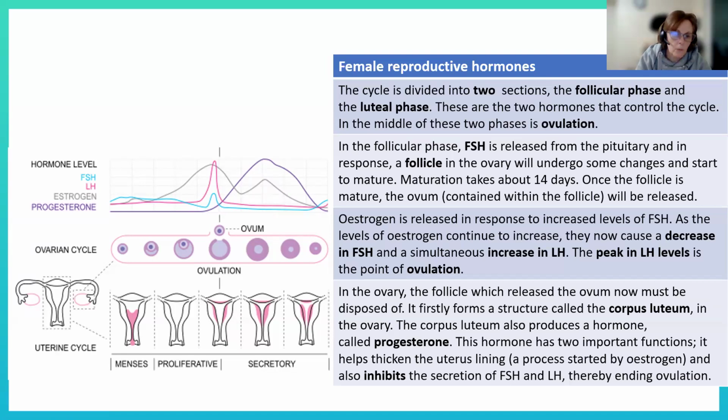So the follicle, which has released the egg, has to be got rid of, because we only want the egg bit of it. We don't want the little case that was contained in it. It forms a structure called the corpus luteum in the ovary. This also produces progesterone. And obviously, as we were saying earlier, this helps to maintain the uterus, and it also inhibits follicle stimulating hormone and luteinizing hormone and ends that ovulation period.